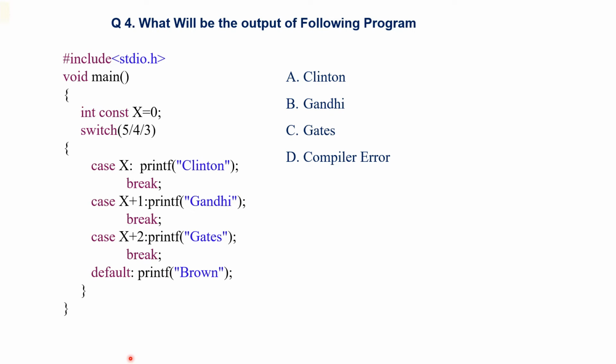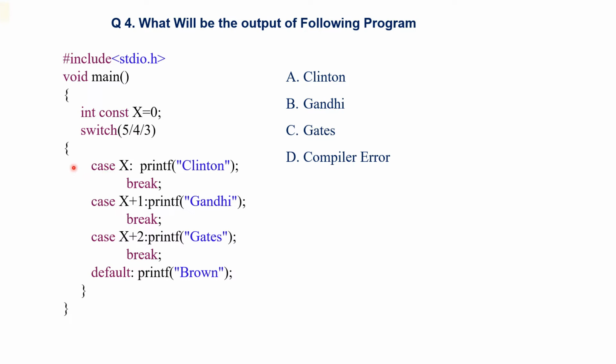So while observing the complete program, you must notice that x is declared as a constant variable and its value is equal to 0. And this x is used in each case label in the switch statement, and you must know that a case label cannot contain a constant variable.